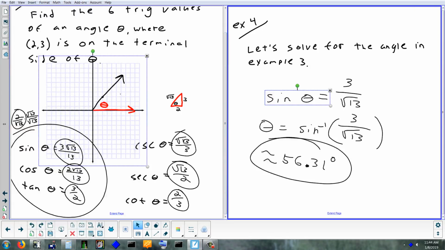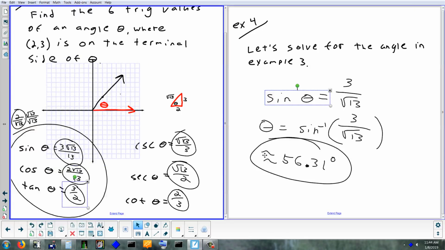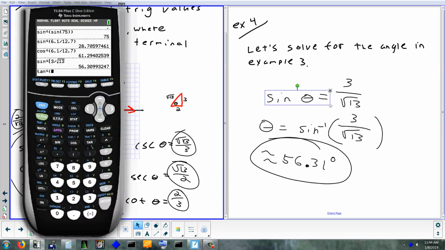Now, let's say you said, you know what, I don't want to use inverse sine. You did inverse cosine. Or, you know what, inverse tangent's easier to type in. Let's take the inverse tangent of 1.5, 3 over 2. Let's see what I got. Inverse tangent of 3 over 2, 56.3, I get the same thing.